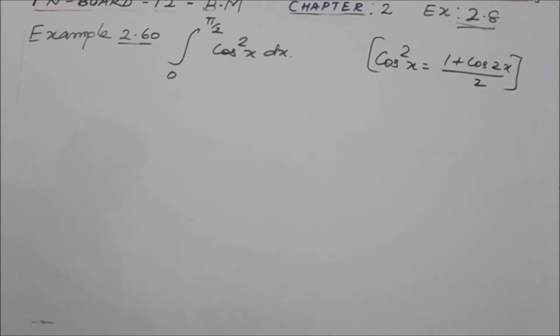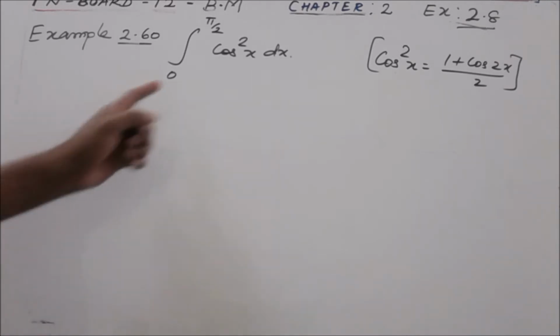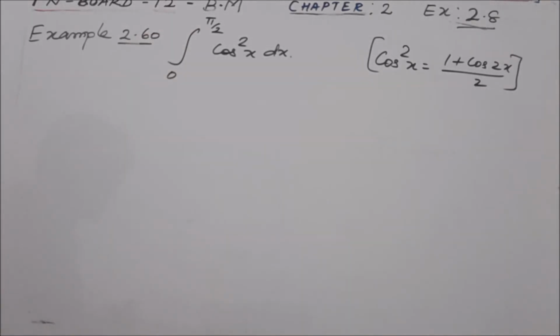Example 2.60 now. Integral 0 to pi by 2 cos square x dx. I have introduced a formula in the previous exercises.